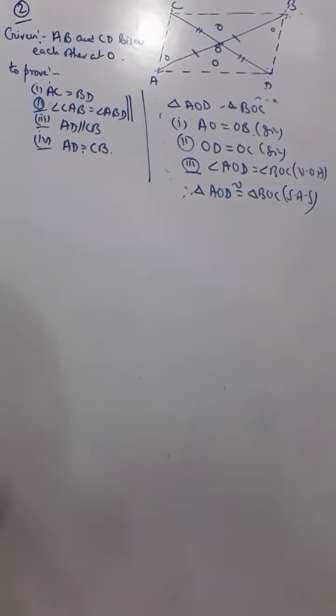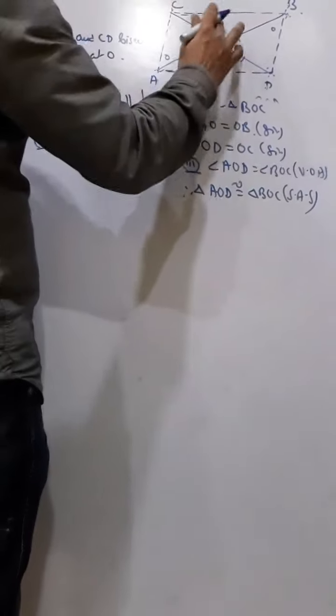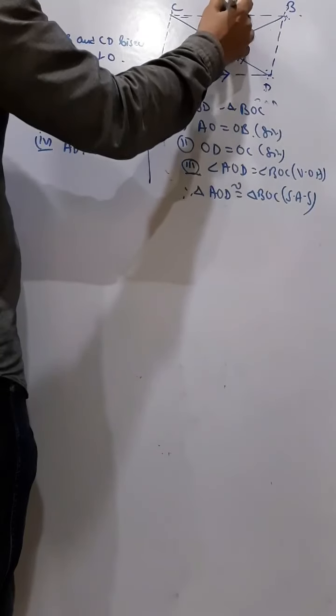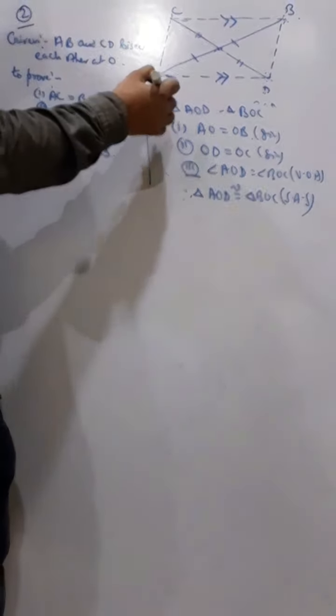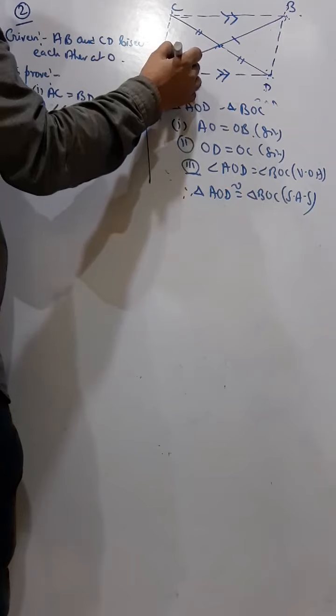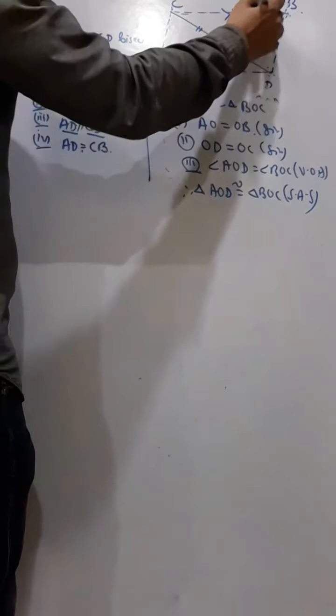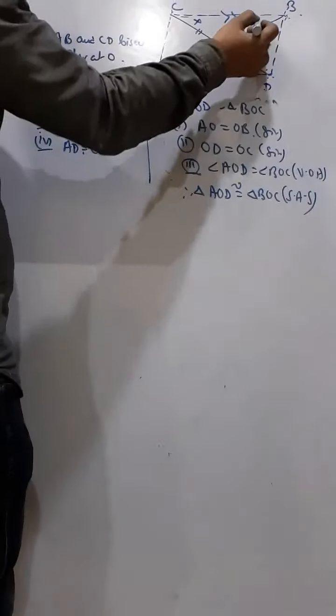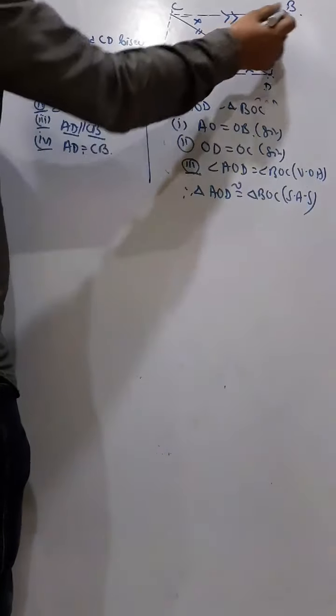And now we have to prove what? AD parallel to CB. So we have to prove that this is parallel to this. So what do we have to prove? We have to prove this angle is equal to this angle, or we can also prove this angle equal to this angle. You know, when alternate angles are equal, the lines will be parallel.